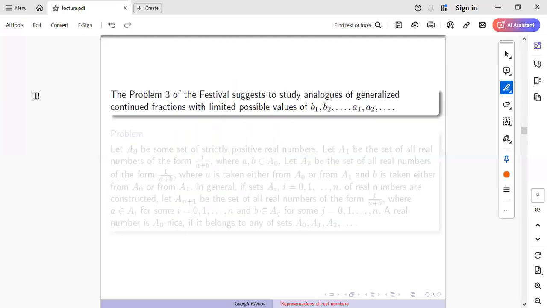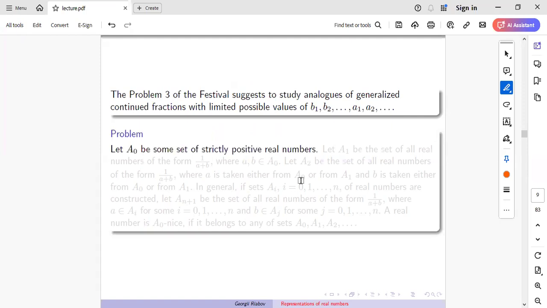So now let's go to problem 3 of the festival. In this problem, we will study some analogs of generalized continued fractions with limited possible values of coefficients a and b. The problem is the following. We start from some set A0 of strictly positive real numbers.